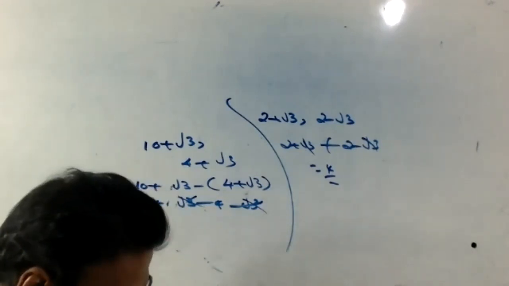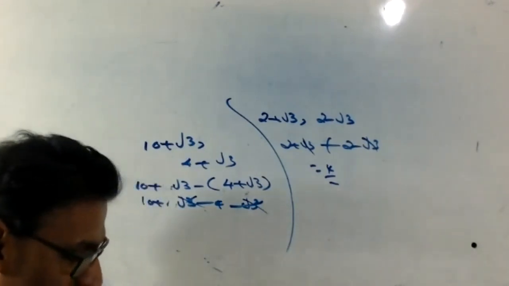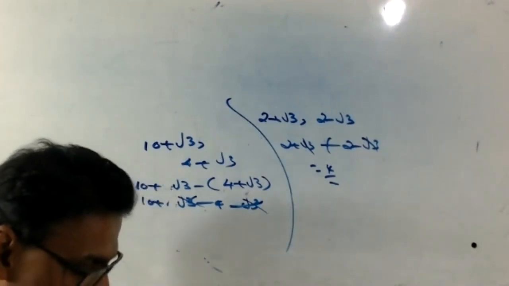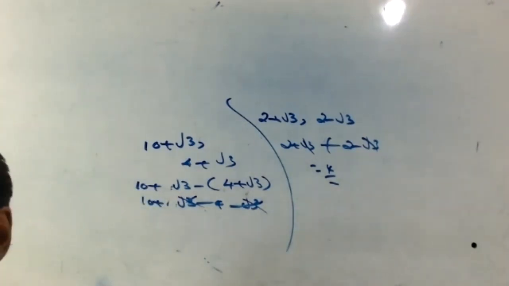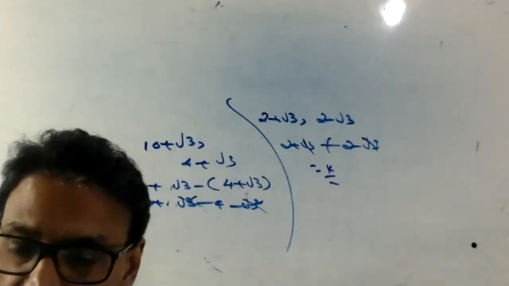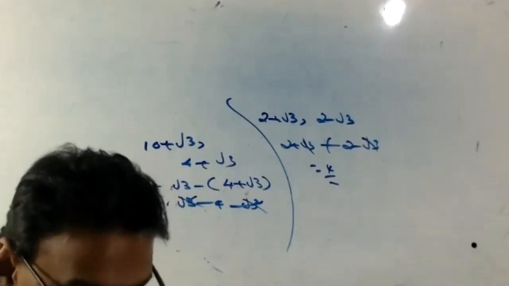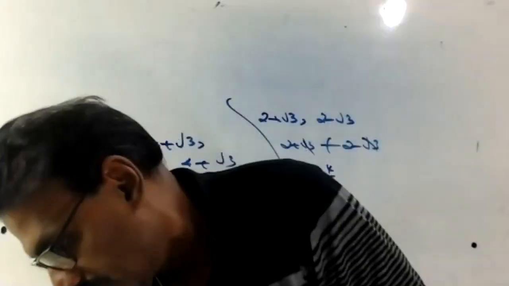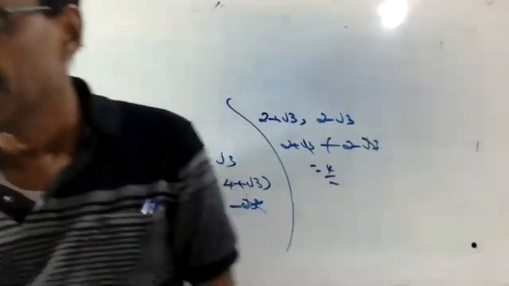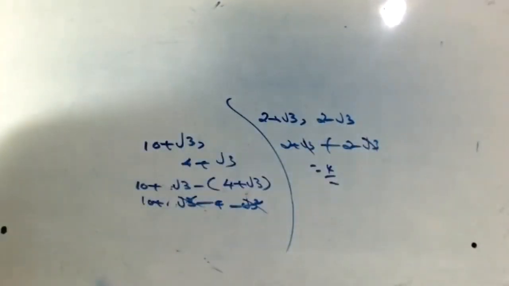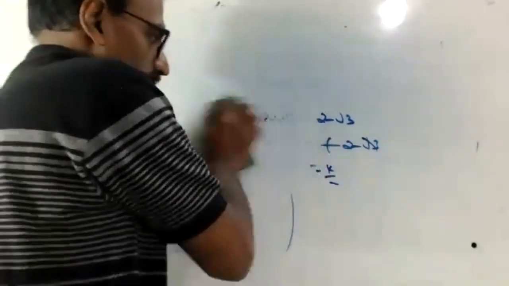Okay. Write this question. Find 6 rational numbers between 3 and 4. Look here, I'll show this one.